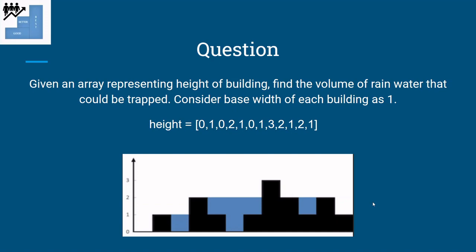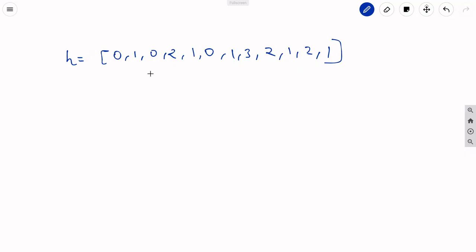So let's look at the approach on the whiteboard. So here we have the array of the heights, and we'll create one array which would represent the maximum height to the left, and let's fill it. So there is nothing left to this element, so 0 over here.